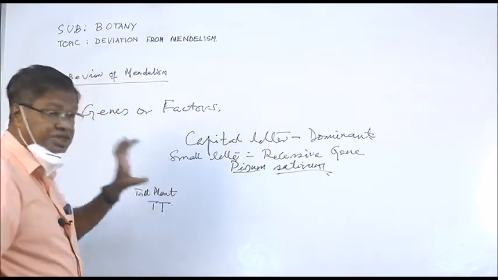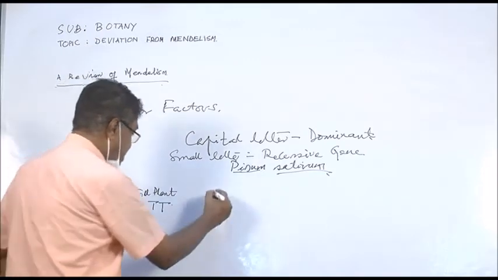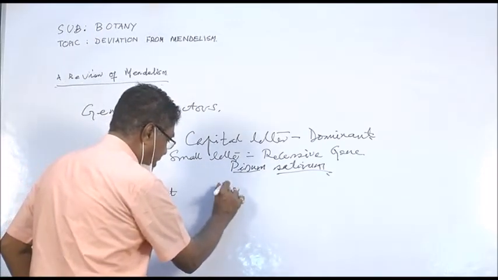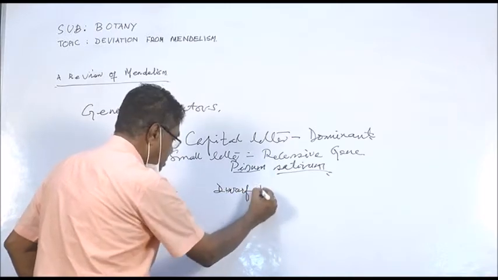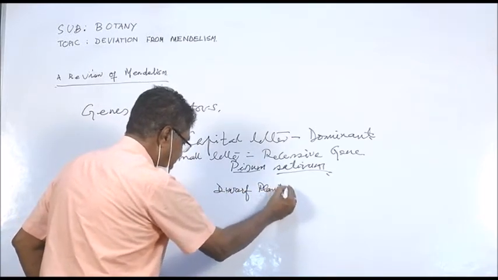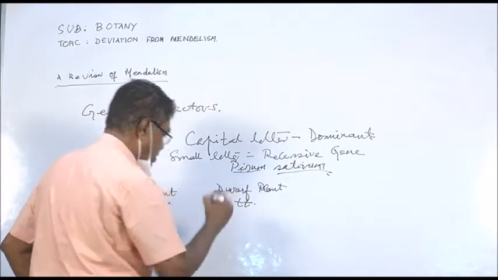A dwarf plant, that is a short plant, has small t and small t.